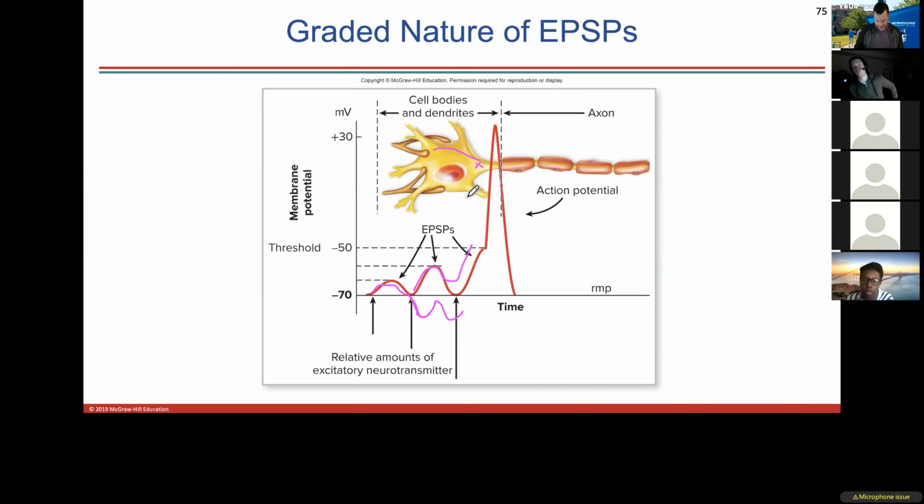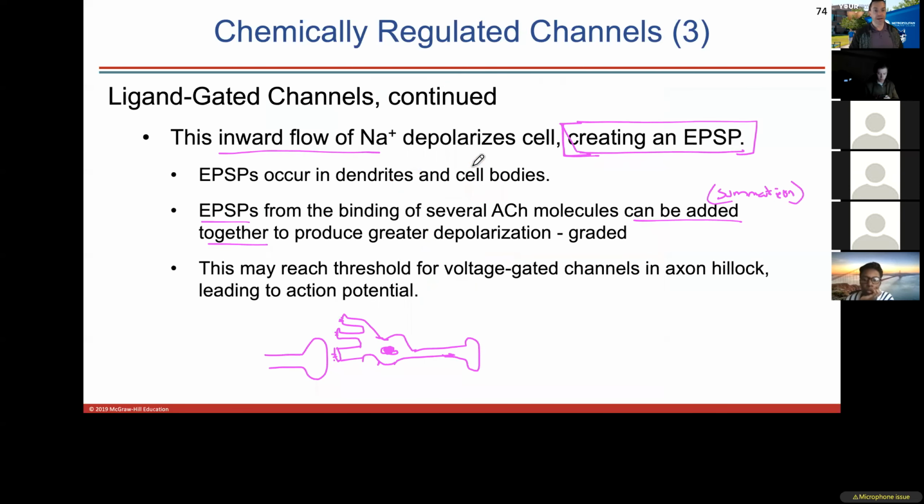I can have a potassium channel here and it inhibits. But at that axon hillock, we have our highest concentration of sodium voltage gated channels. So everybody with me on this concept?